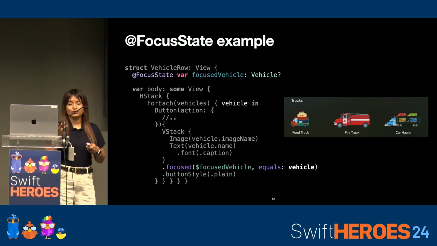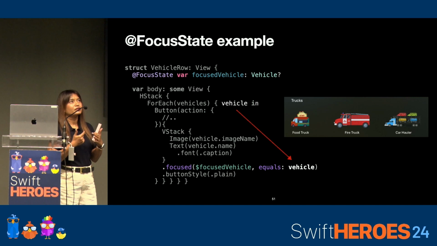And you use the focused modifier again to bind this property. This time you're going to have to supply a value. So I'm just going to use the same value from the ForEach loop. And this is our way of instructing SwiftUI: set this property to this instance whenever this button is in focus. Because remember, it's in a loop, so this is called for every single button. Whenever that button comes in focus, you get that instance set to your object.